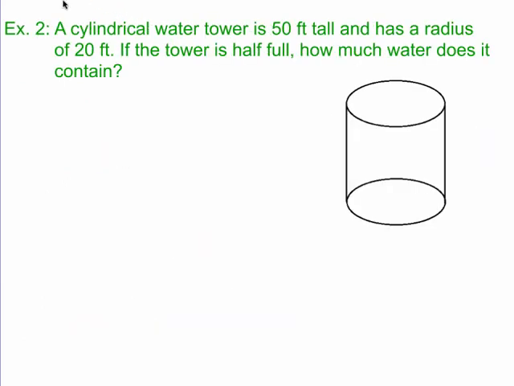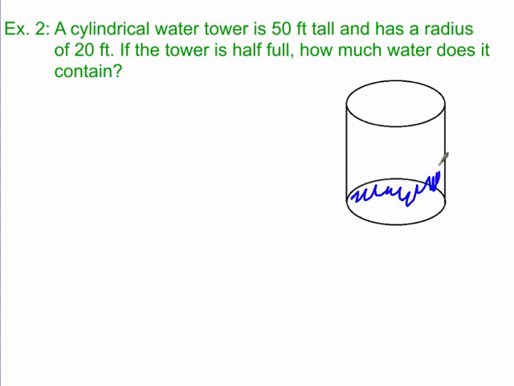All right, let's take a look at another problem. It says a cylindrical water tower is 50 feet tall and has a radius of 20 feet. If the tower is half full, how much water does it contain? How much water is inside the shape?